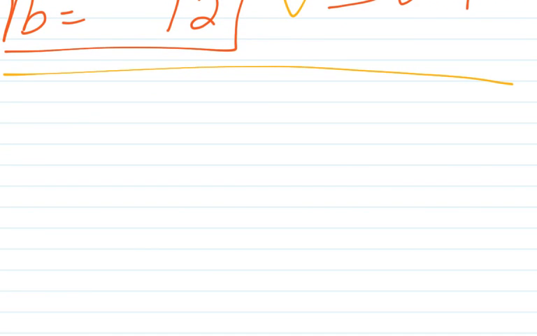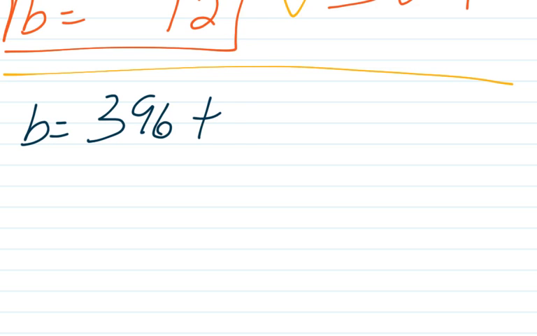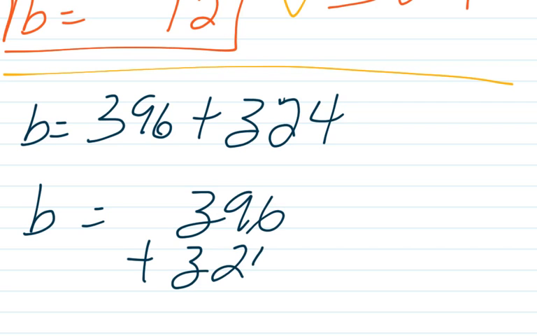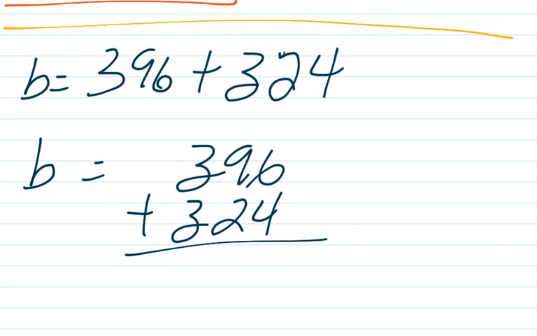So now we're going to add. So B equals 396 plus 324. Man, can't write today. So B equals 396 plus 324. 0. Regroup. 10, 12.